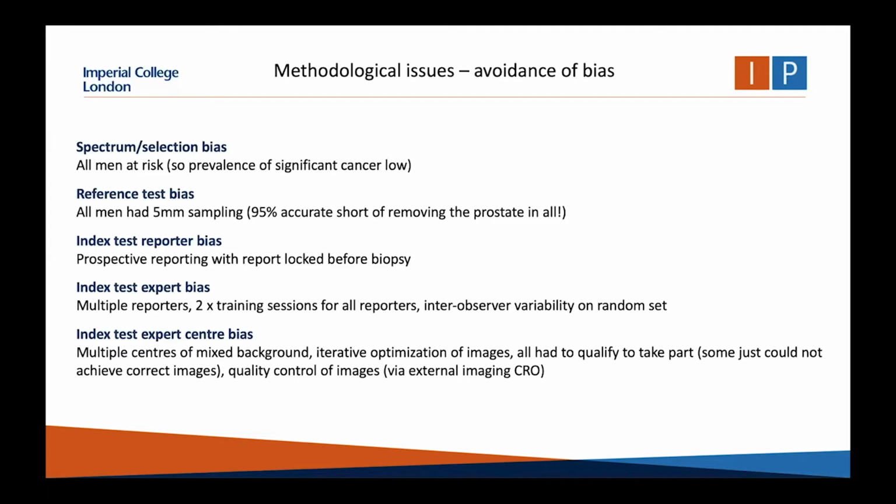They had to have a positive cancer diagnosis on that biopsy. And actually the third one is that they had to also decide to have surgery. And there was some evidence at that time that men who chose surgery had slightly different burdens to those men who chose active surveillance, as you would expect, but also slightly different burden to those men who chose radiotherapy as well. So significant spectrum and selection bias.